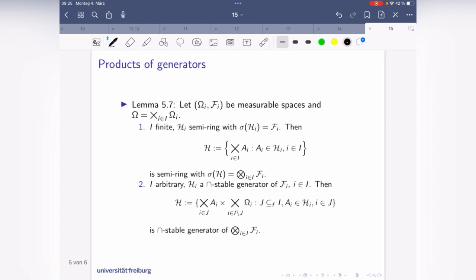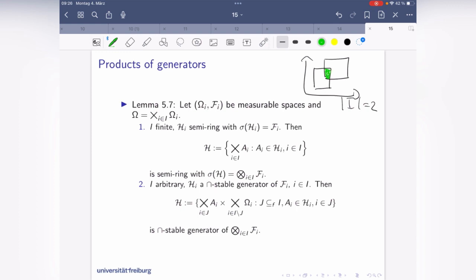And the picture goes like this. So with an index set I equals 2, you have two coordinates. And this set here is one such product, and that here is another such product. And you see two things in this figure. First, the intersection is again a rectangle.